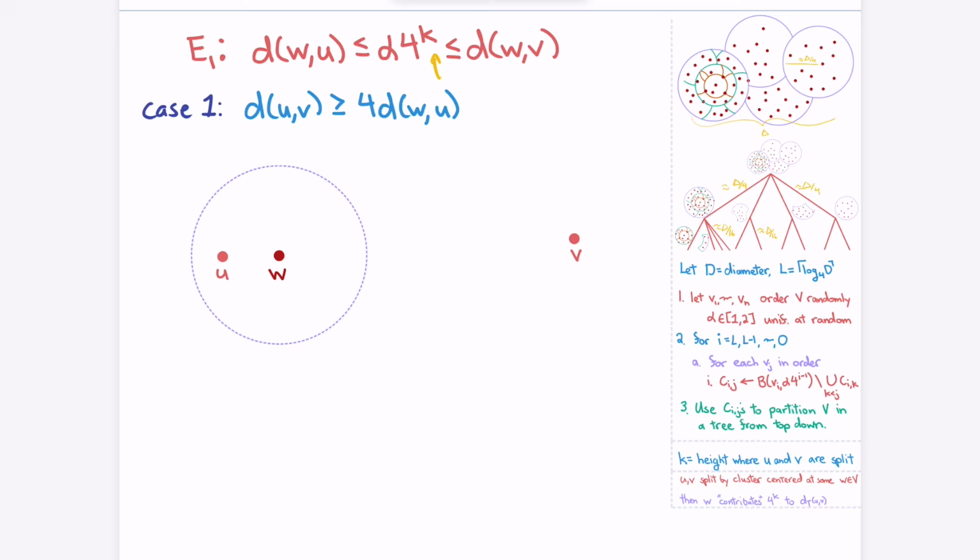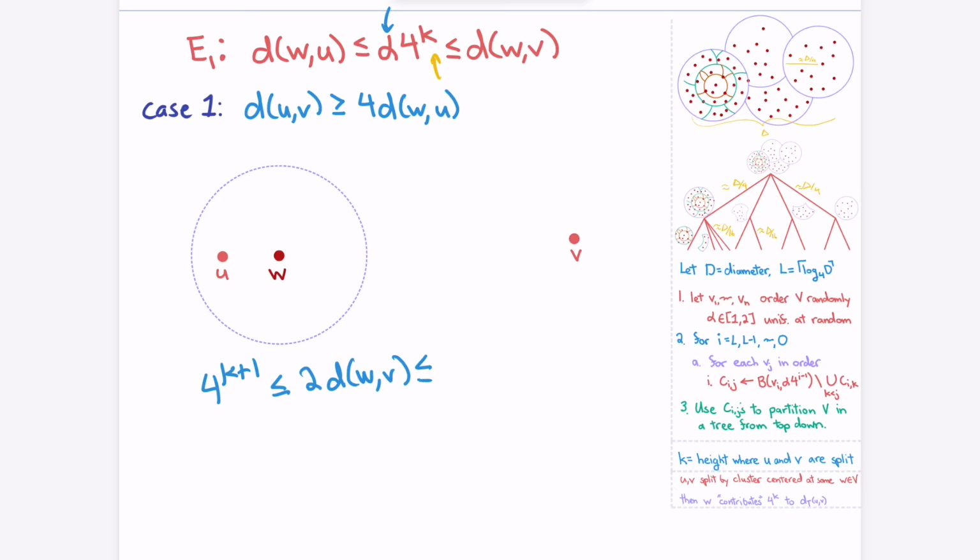Okay, so I'll start with 4 to the K plus 1. I know that this is at most 2 times dWV just because alpha is at most 2. Okay, so dWV is big.